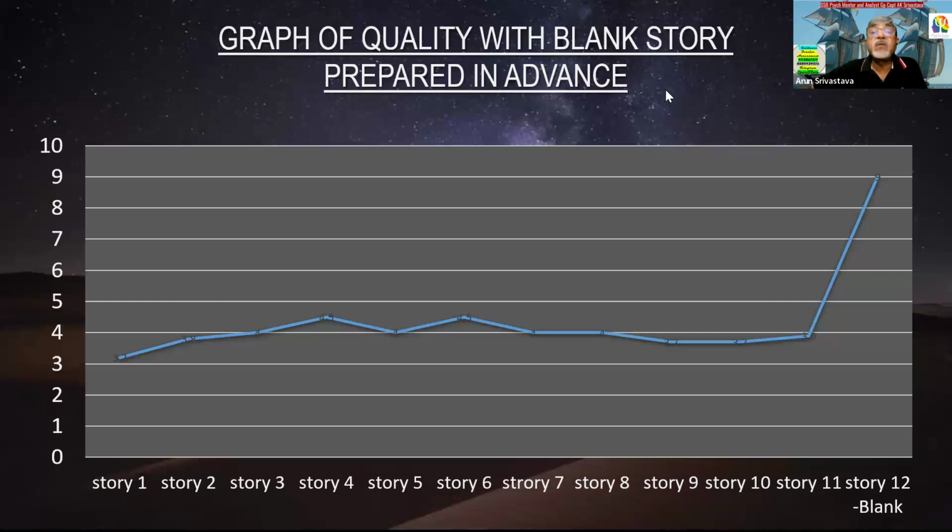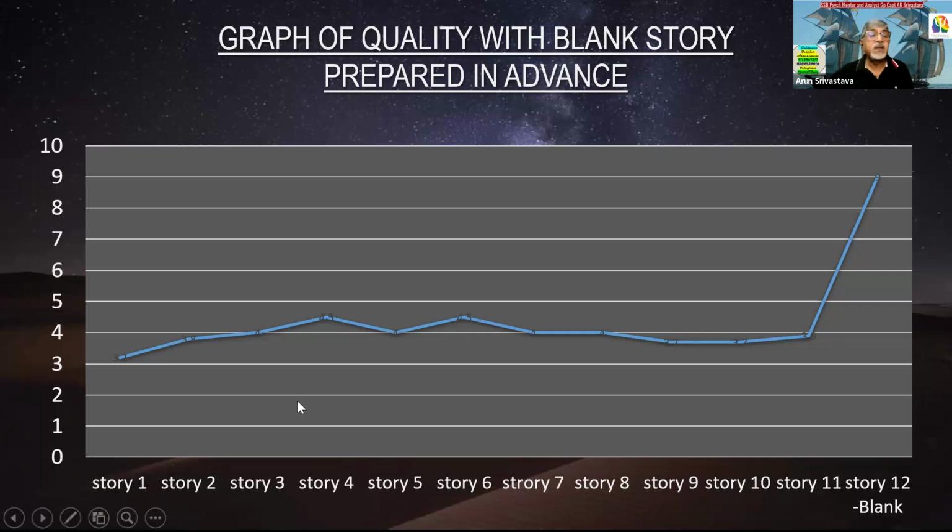This is the graph of equality with the blank story. This graph was used in one of my videos also, on the purpose of the blank story, but I'm telling it to you. See, your natural responses in psychology operate between a minimum and a maximum. This minimum and maximum is very, very unique to you.